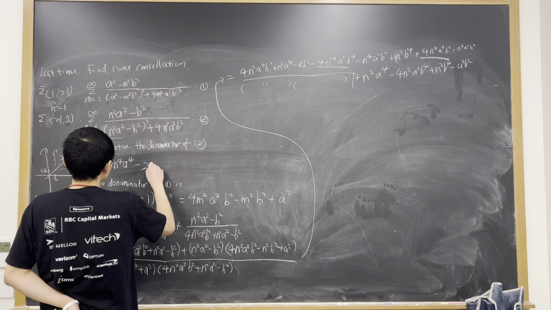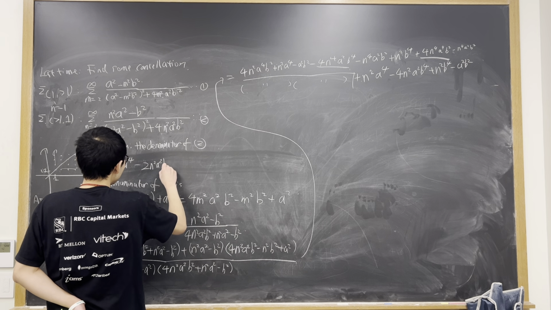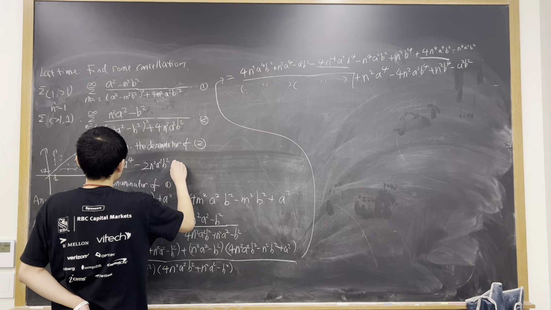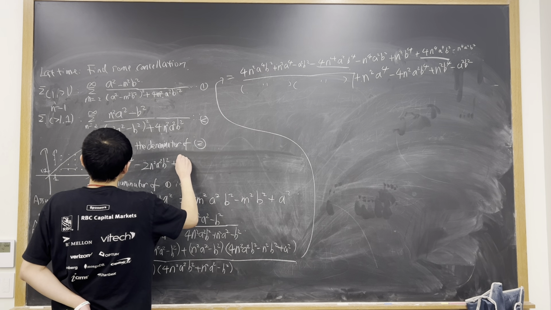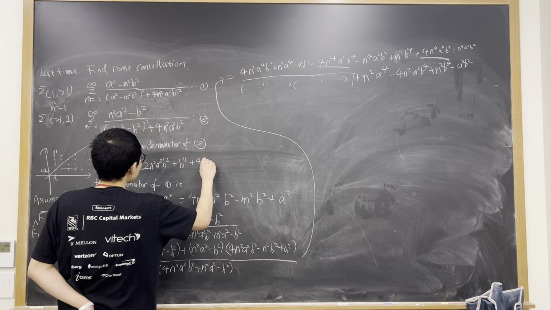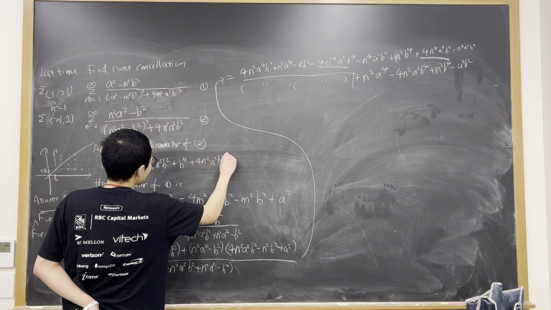Minus n squared a squared b squared plus b to the fourth power plus 4n squared a squared.